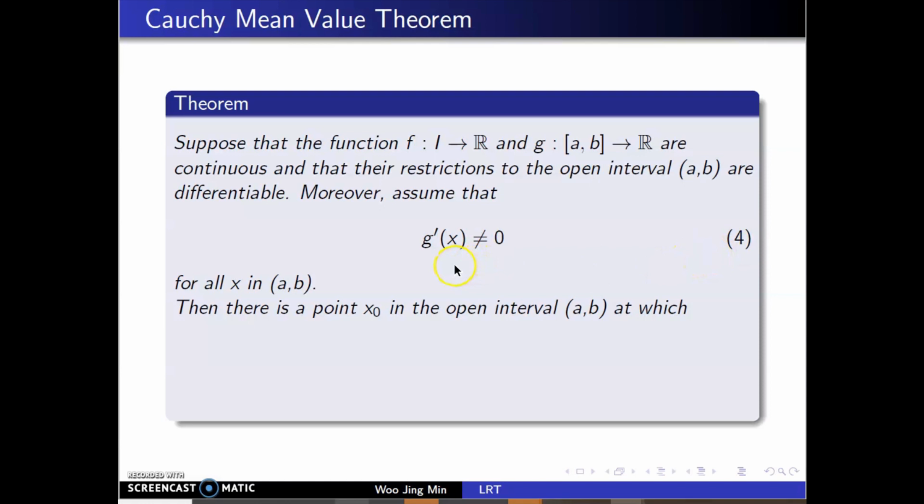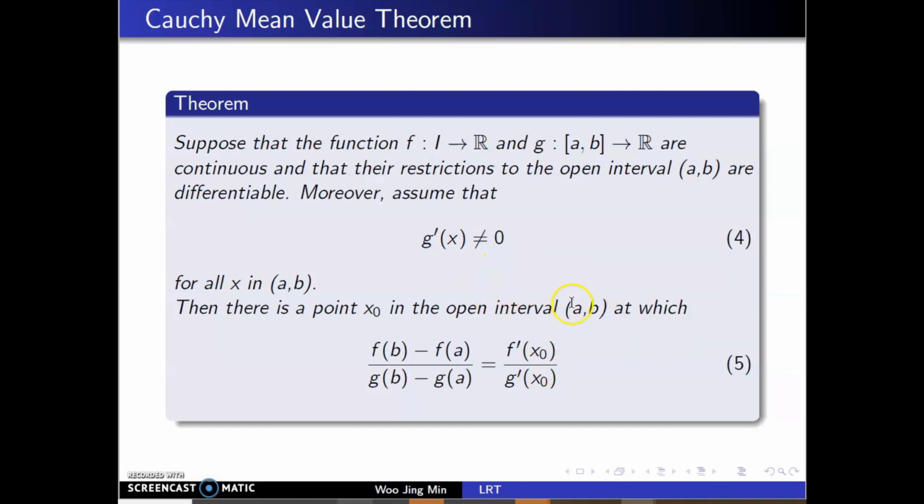This automatically implies that there is a point x0 in the open interval a b at which f of b minus f of a divided by g of b minus g of a equals f prime of x0 over g prime of x0.